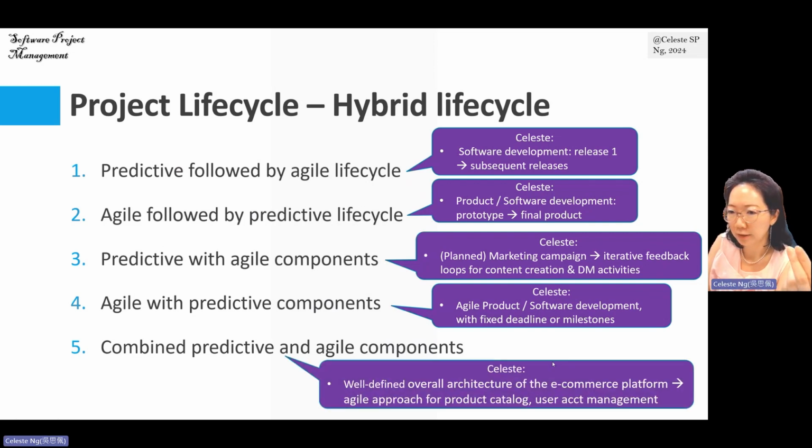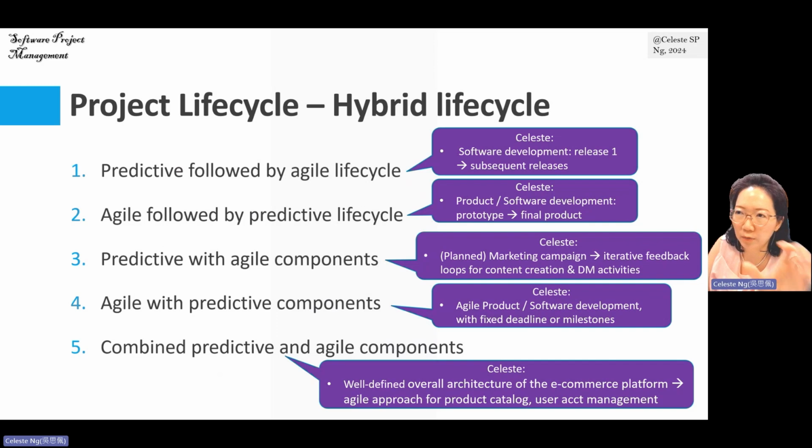And then finally, the fifth type of hybrid project lifecycle is a combination of predictive and agile components. For example, we may have a well-defined overall architecture of an e-commerce platform. For example, we want to develop an e-commerce platform. We plan ahead the structure of our e-commerce platform.